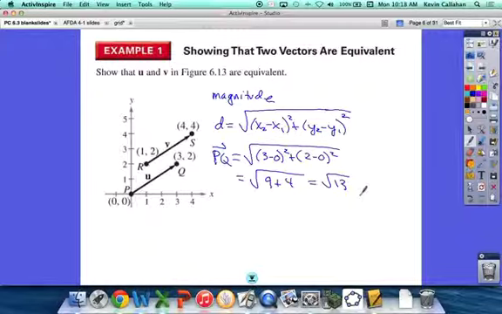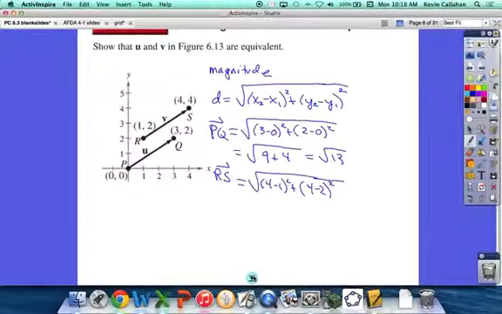And then we'll do RS here, right? That will be the square root of 4 minus 1 squared plus 4 minus 2 squared, which is the square root of 3 squared plus 2 squared, which is the square root of 13. So they have the same magnitude.